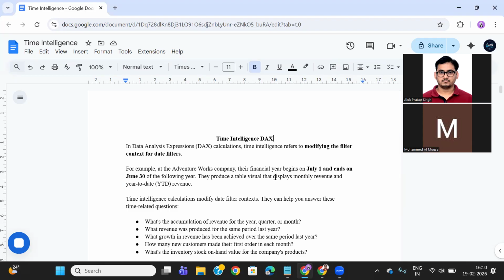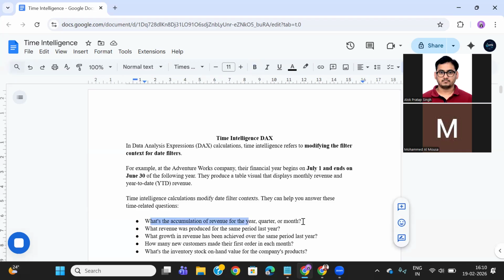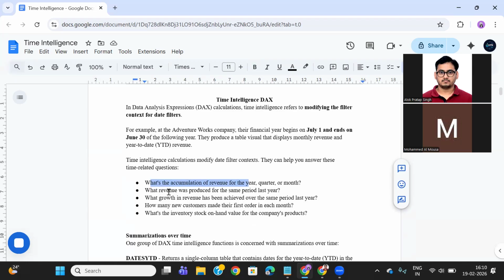So, how can time intelligence help us? It helps with the accumulation of revenue for year, quarter, month. What revenue was produced in the same period last year? What growth in revenue has been achieved over the same period last year?